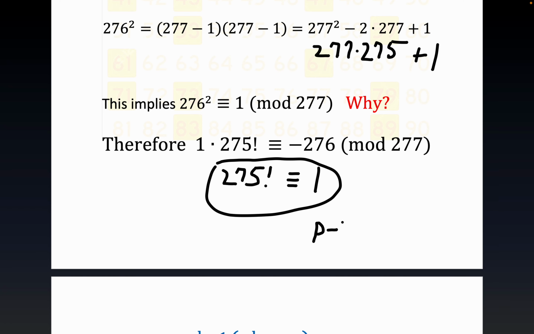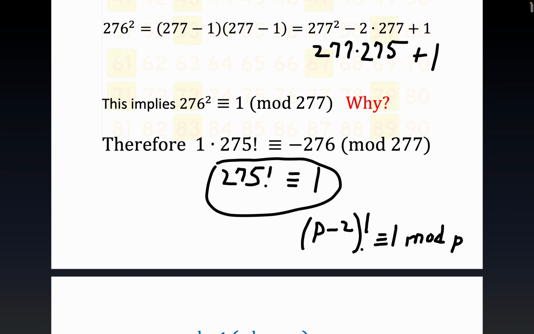You have a prime p, and p minus 2 factorial is congruent not to negative 1 but to 1 mod p. Now I just went through all the arithmetic. I could have started out stating this as a fact, proving this, and just writing down the answer. Again, some resemblance to Wilson's theorem, but slightly different in appearance.